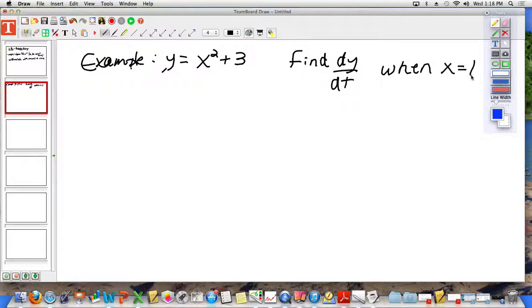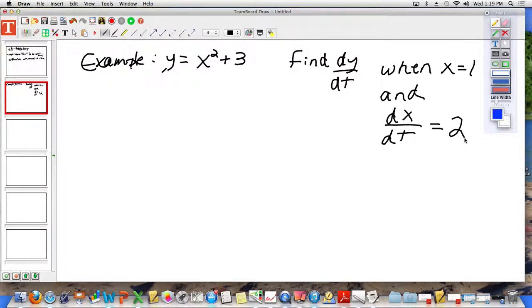But there's going to be two unknown pieces if I don't give you more information. So I also have to tell you how fast the x value is changing with respect to time. So I'm going to tell you that dx dt is 2.